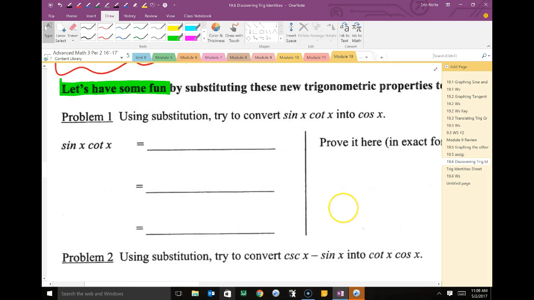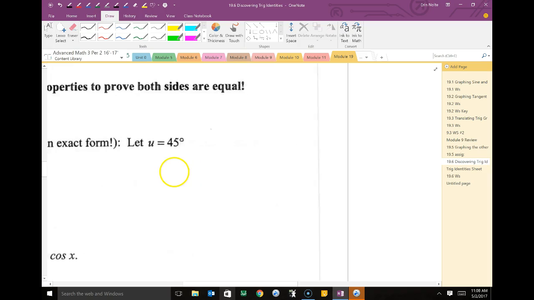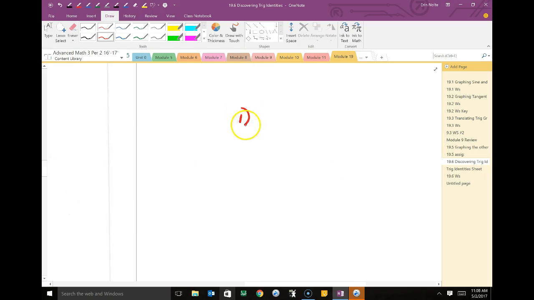All right, so what we're going to do is take this sentence and prove that one sentence is equivalent to another. So we are going to convert the sine of x times the cotangent of x into cosine. I'm going to write this over here because then I have more space. So this is question number 1.